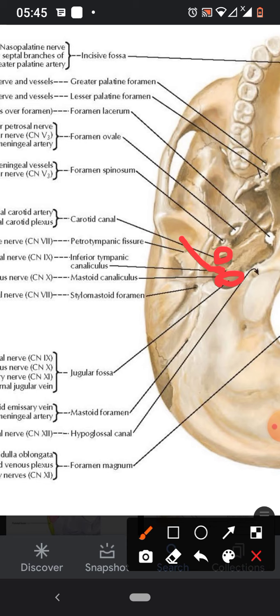So now this is the last foramen. This is called the stylomastoid foramen, because it is present between the styloid process and the mastoid process.